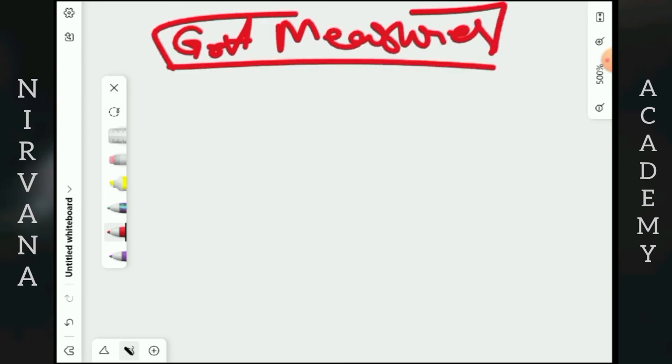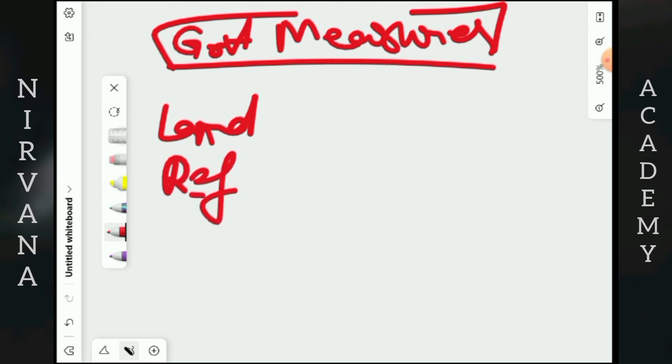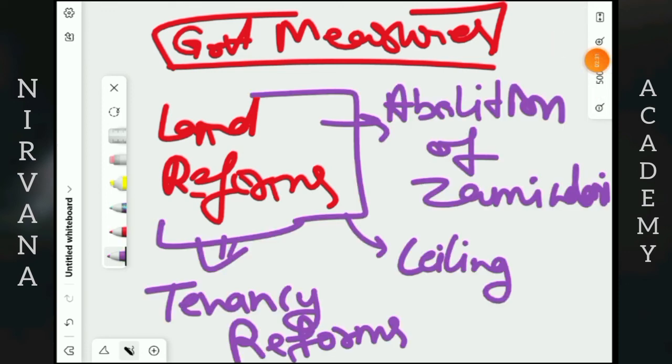The first important measure taken by the government is land reforms, and in land reforms the first thing done by the government is abolition of zamindari, because zamindars were very powerful in pre-independence India. So the government abolished zamindari to reduce inequality between zamindars and farmers or other sections of society.